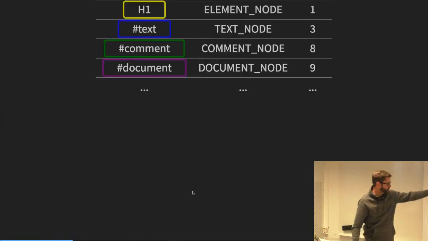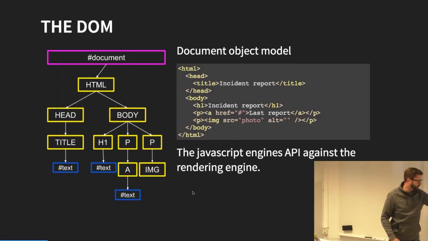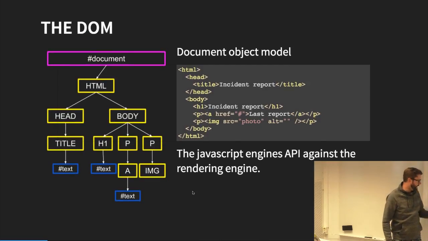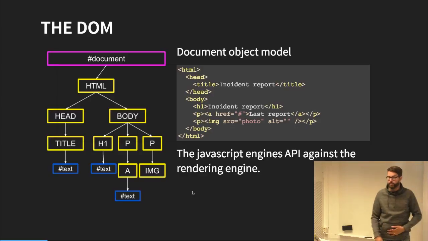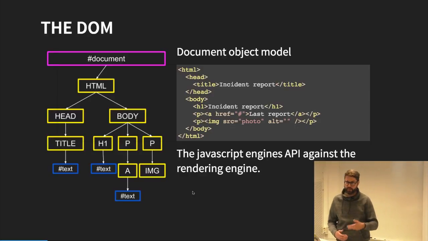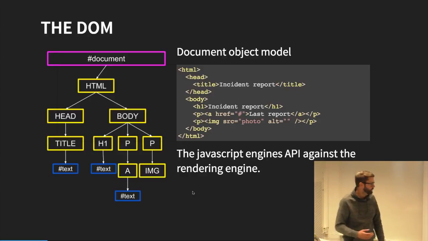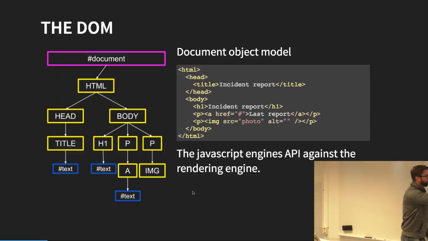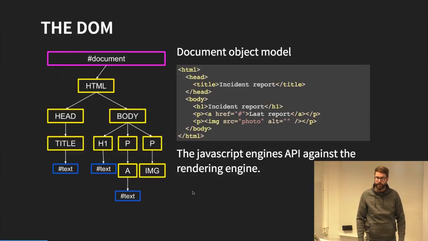If we look at this picture, I've described image, and we could have had a video element here as one element. If we create our own element, it will be described as one element in this DOM structure.